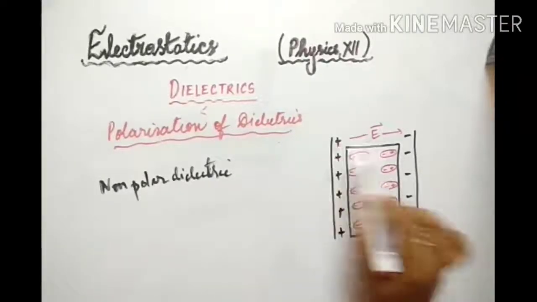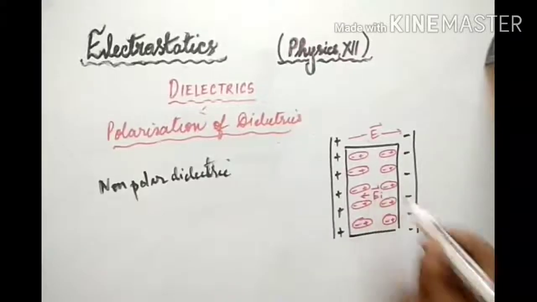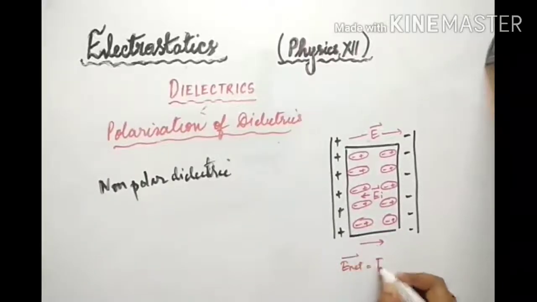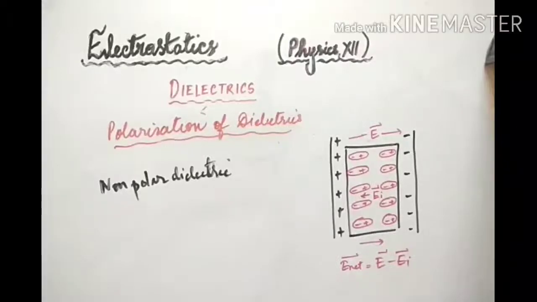Electric field is always from the positive to the negative side. So here E net will be E minus E I. So this is how polar and non-polar dielectrics develop dipole moment in the presence of an external electric field.